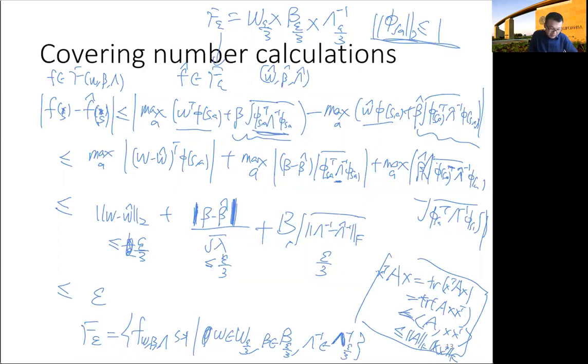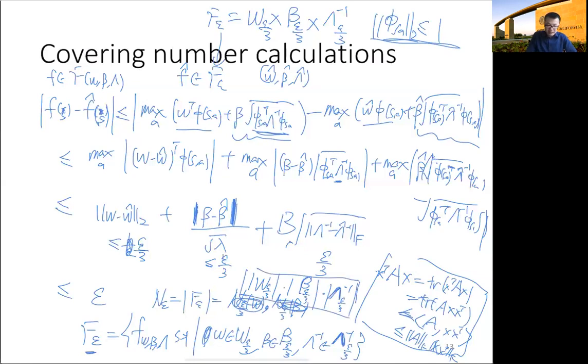And the total number of elements in this function class, so the F epsilon, this becomes a covering number of epsilon, is also equal to the product of the epsilon 3 covering number of W and the epsilon 3 covering number of this beta set. So this is the cardinality of W epsilon over 3, multiplied with the cardinality of beta epsilon over 3, multiplied with the cardinality of lambda inverse epsilon over 3.